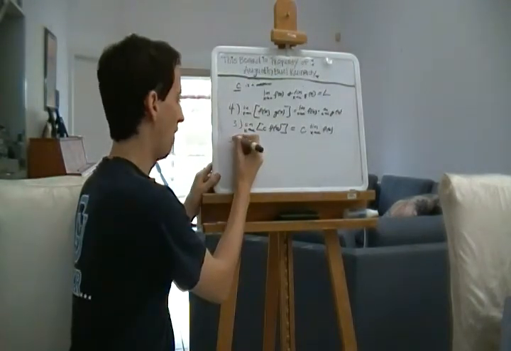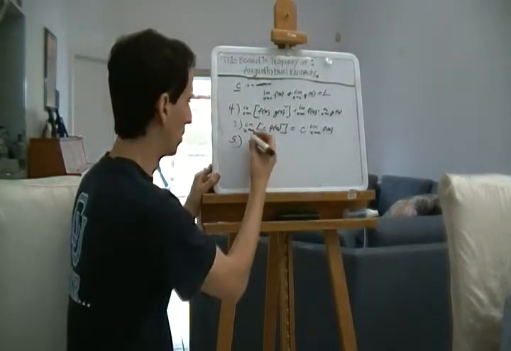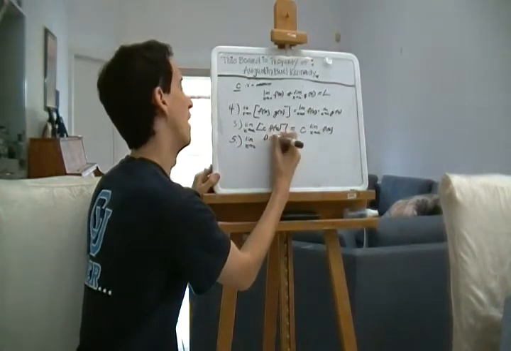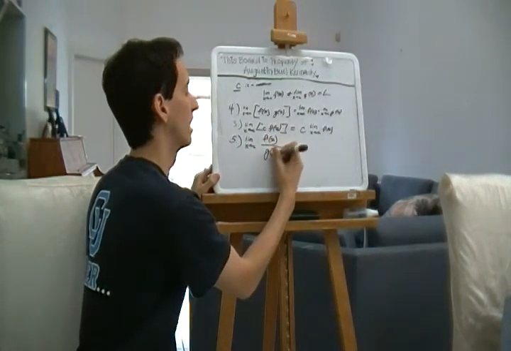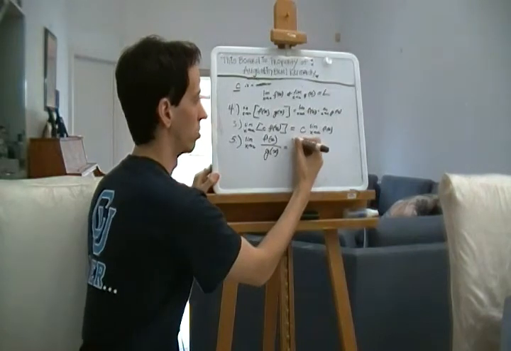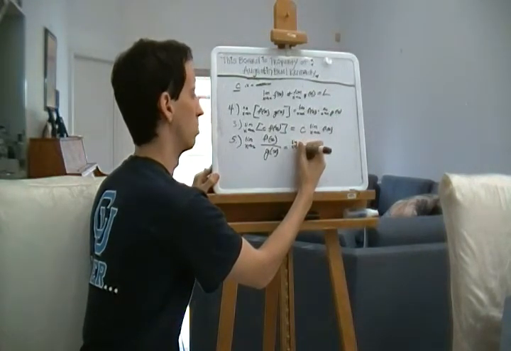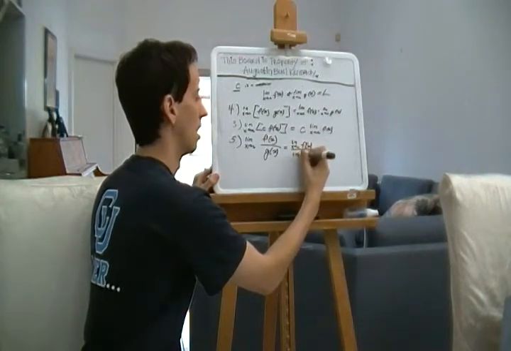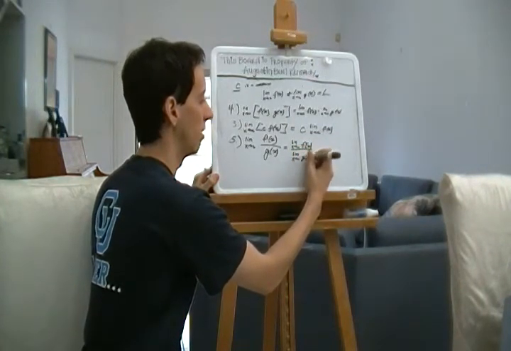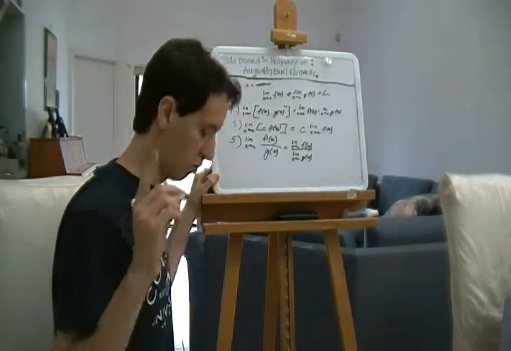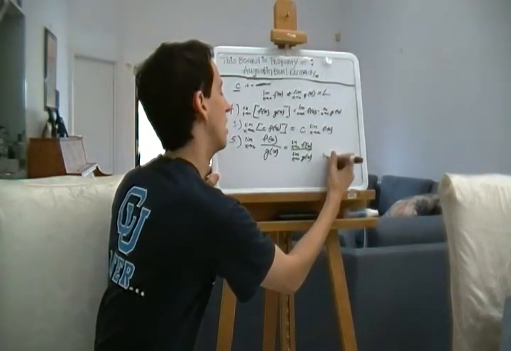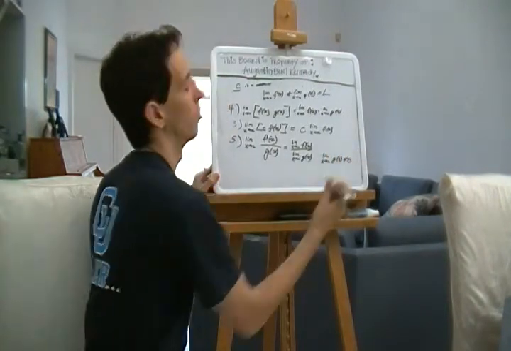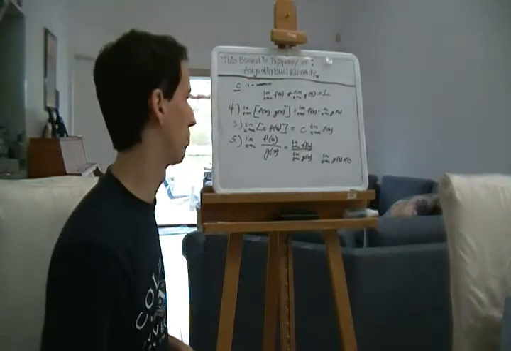And number 5, you knew that this was probably going to happen. Limit as x approaches a of f of x over g of x equals the limit as x approaches a of f of x over the limit as x approaches a of g of x, providing that the limit as x approaches a of g of x does not equal 0, because remember, we can't divide by 0.